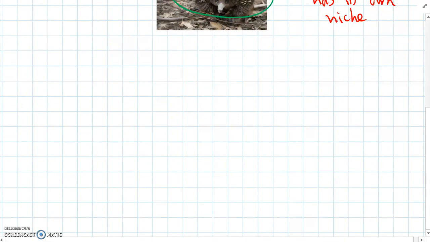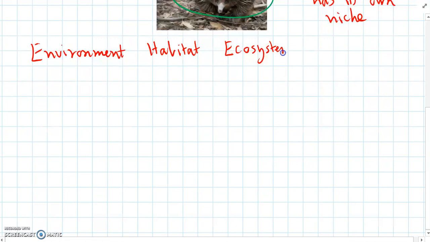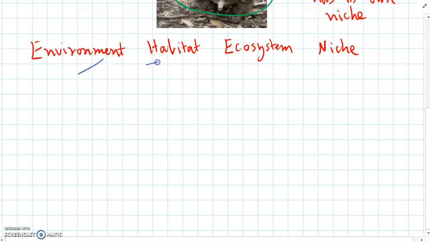So now let's look at the 4 different terms that we're going to compare. We have environment, habitat, ecosystem, and niche. If we look at environment and habitat, these 2 terms are just looking at the physical area.